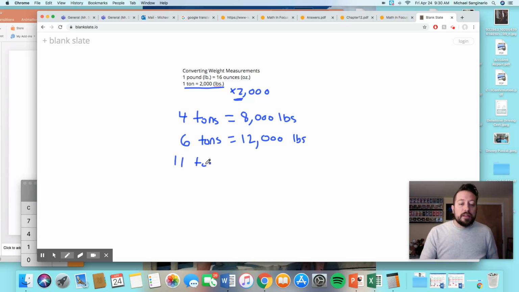If I had 11 tons, that's big. I do 11 times 2, okay? 11 times 2, when you count by 11s, 11, 22. But if you didn't know how to count by 11s, all you do is 2 times 1, and then 2 times 1. You get 22, and then again, follow with 3 zeros here. 22,000 pounds, okay? So pretty simple.